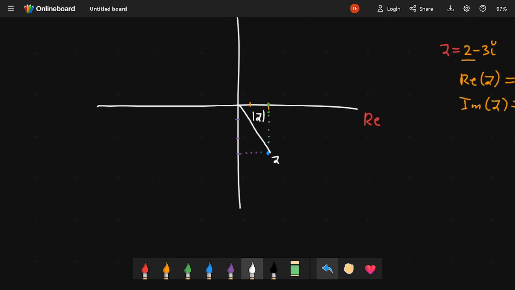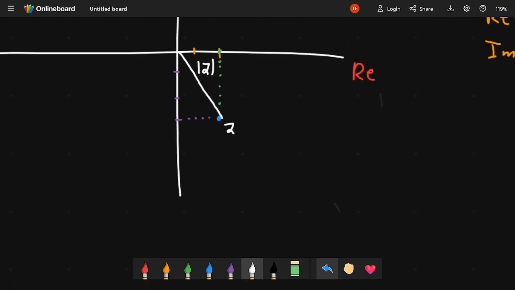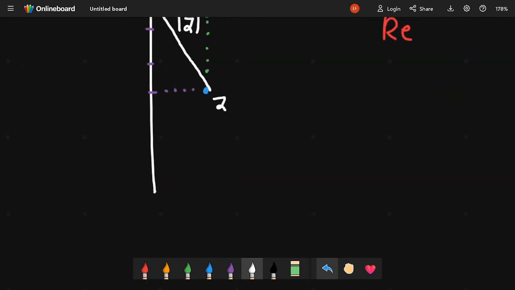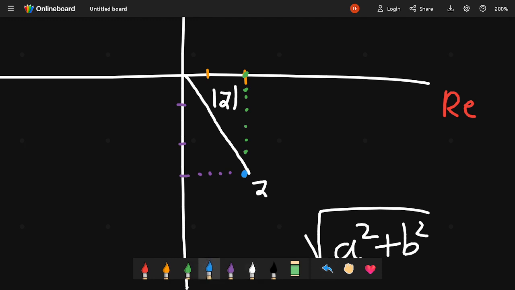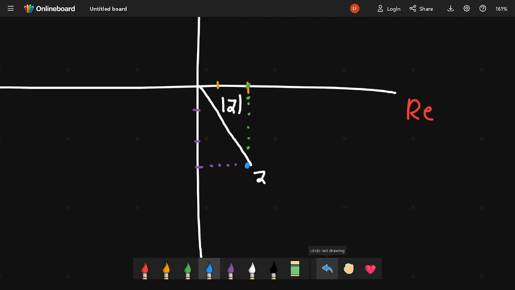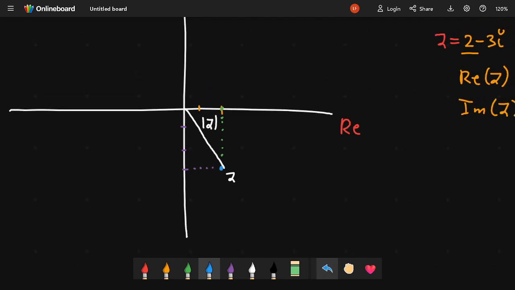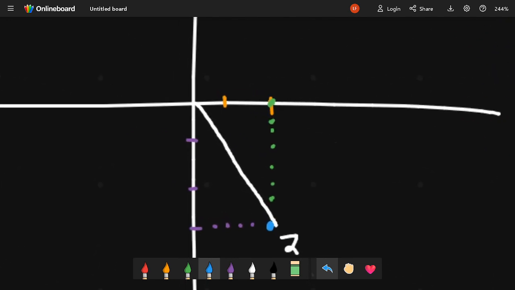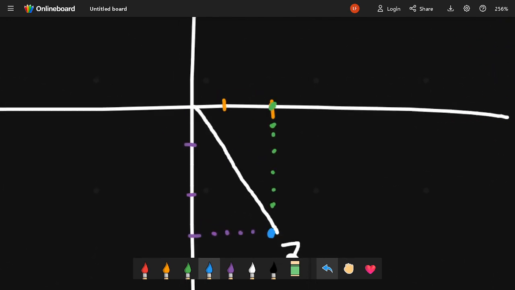And how do we prove that? I think I've proved this in the last video, that it is the square root of a squared plus b squared. And then you get this hypotenuse side, which is your modulus. And you can see that here, it makes some angle with the x-axis. And in this case, it would be something like this. And we're going to call this angle theta.